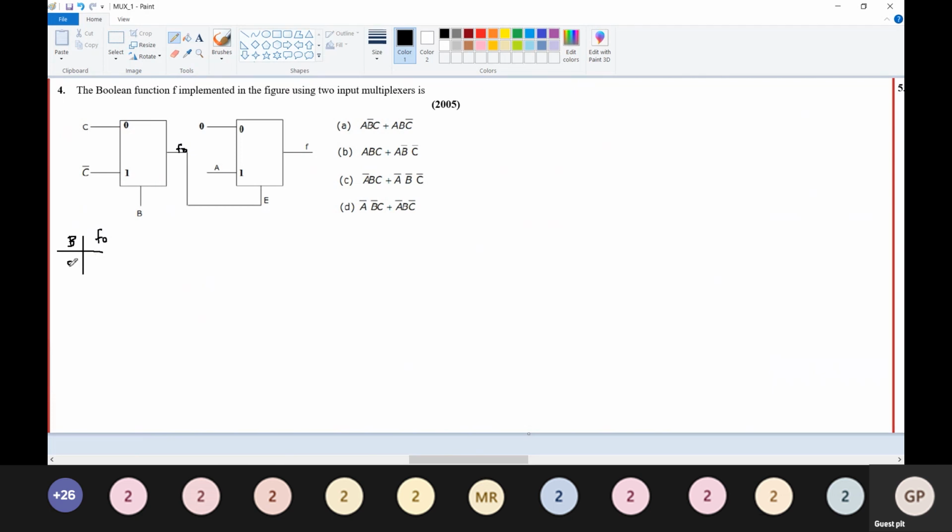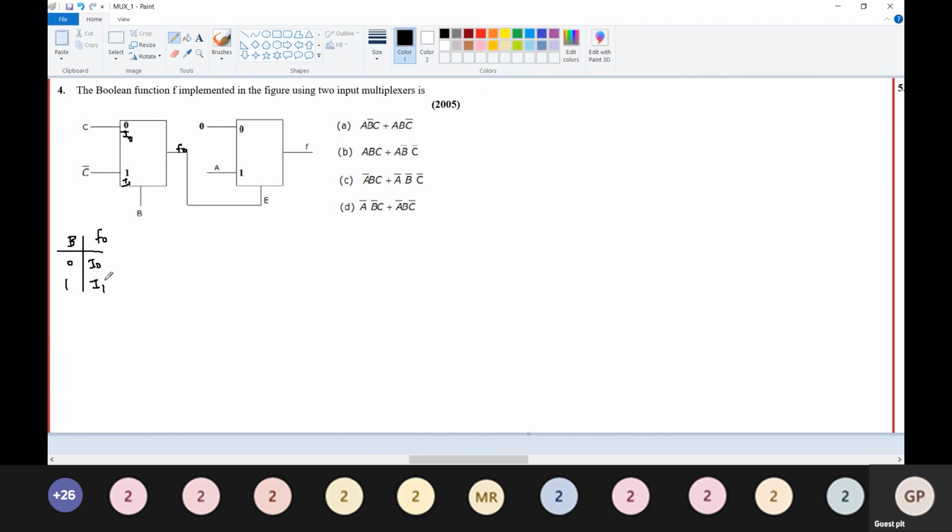When B is equal to 0, I0 is selected. This is your I0 and this is your I1. When B is 1, I1 is selected.